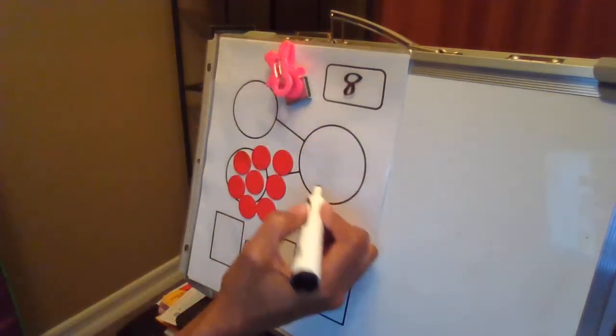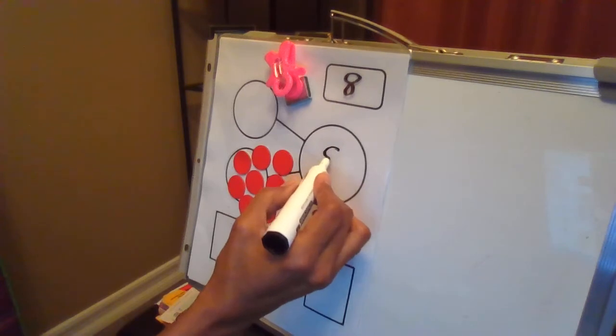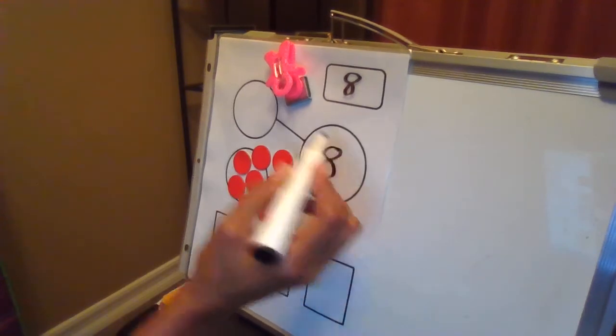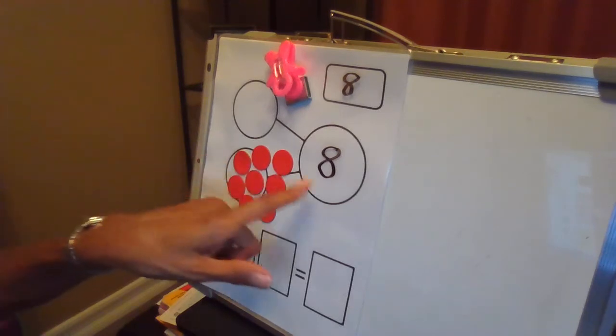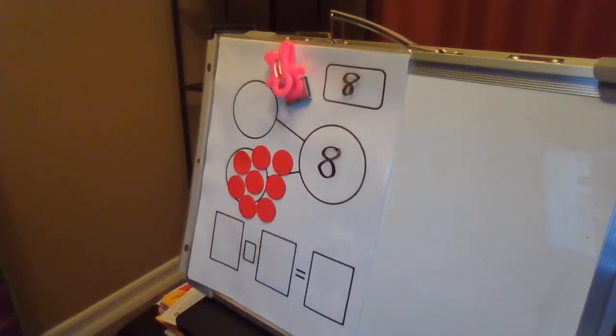And in this circle here, I'm going to write the number 8. Now I want to make 8 in different ways. So 8 is our sum. I'm even going to put it here on our number sentence, so I won't have to keep writing and erasing. Just put all the numbers there.